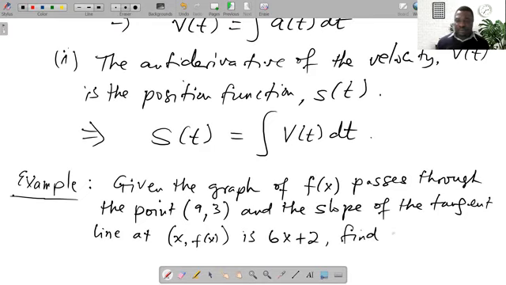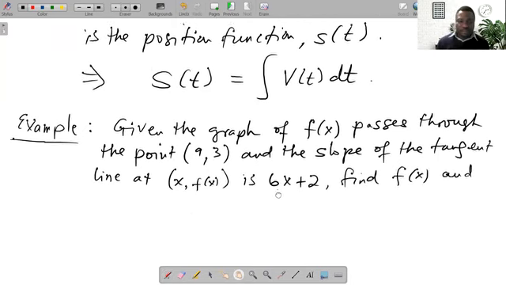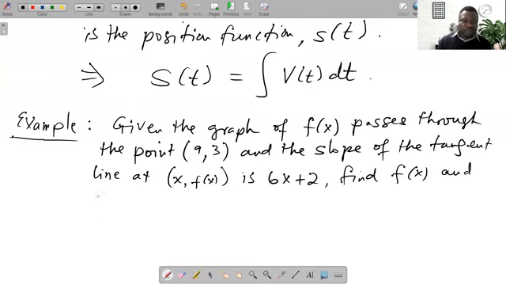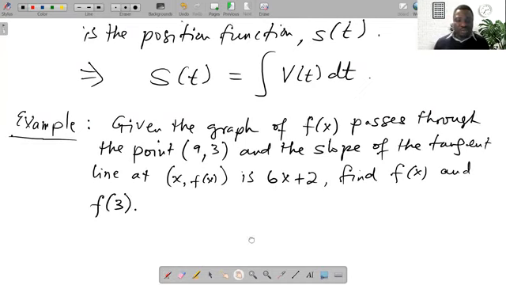Find f of x and f of 3. So this is the question. This is a purely initial value problem.